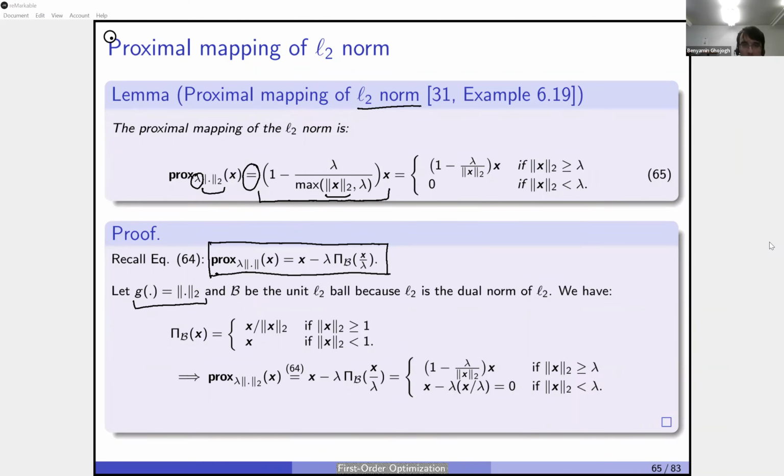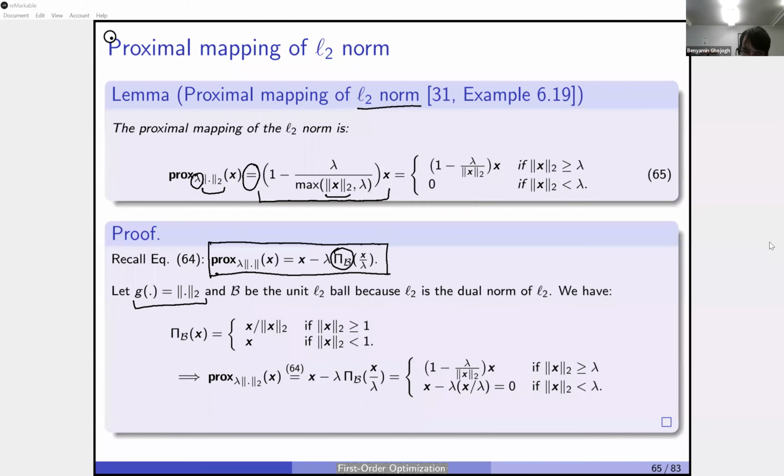What is the dual norm of L2 norm? We already talked about it in the preliminaries. The dual norm of L2 norm is the L2 norm again. So this is projection onto the L2 unit ball.